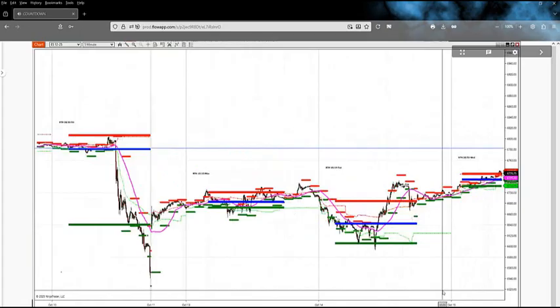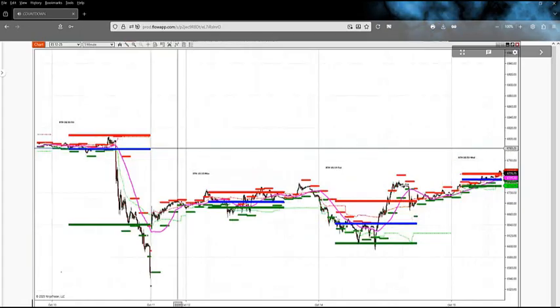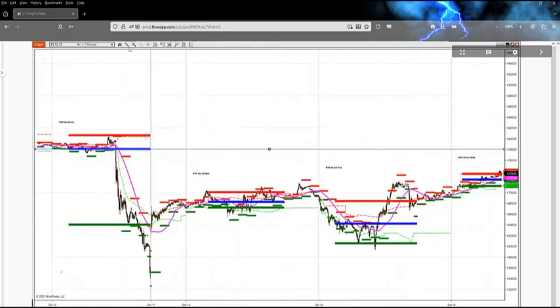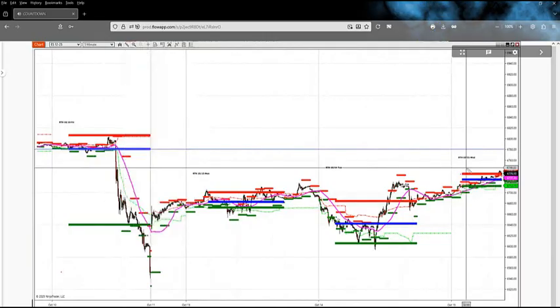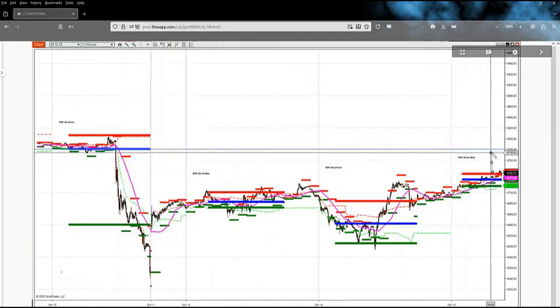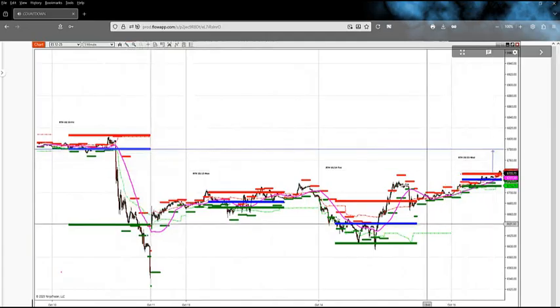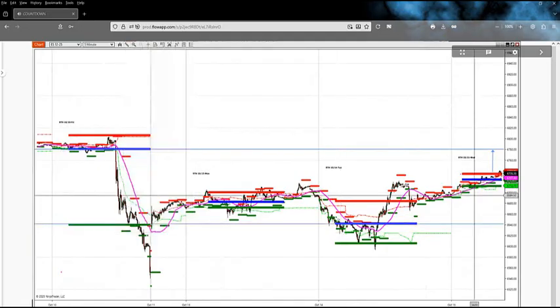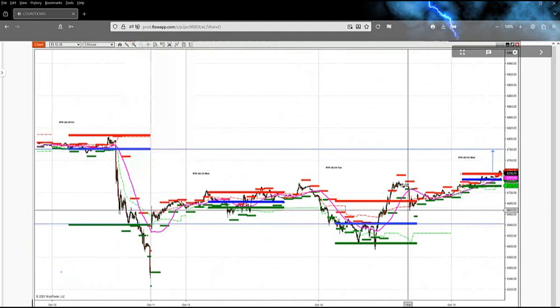If it's going to hold above HVA today, this is where the market participation is. That's your next target to find fair value. So it's going to try to get there to find fair value. Where's the next control point over here? Right here. It's going to try to get here today if it breaks below the low value area, for fair value. Here's the next control point. I missed this one, sorry.